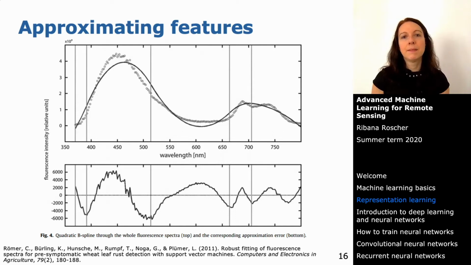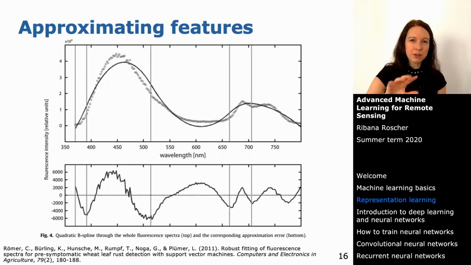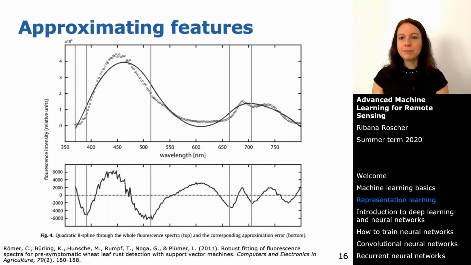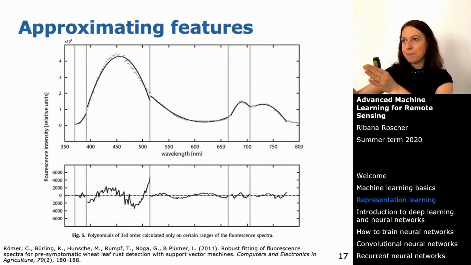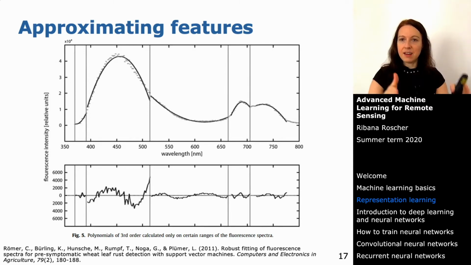And on the top, you can see this approximation, and on the bottom on the slide, you can see the reconstruction error. And you can see that in some parts, the reconstruction error is quite high, but you can do something about it. For example, you take piecewise polynomial regression. So you combine a little bit this summarizing features and this approximating with this regression model.